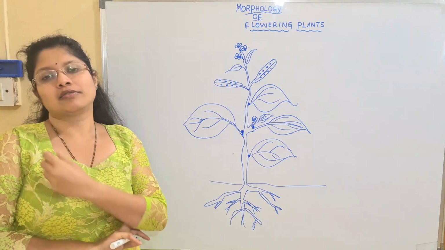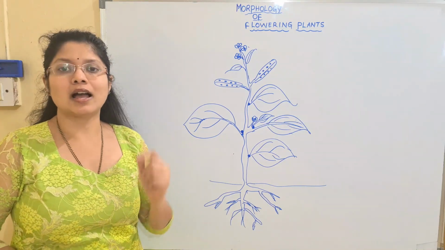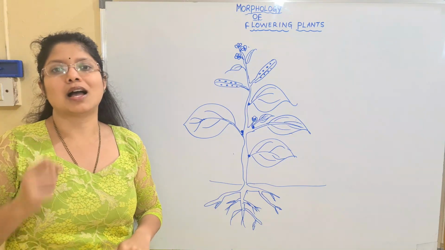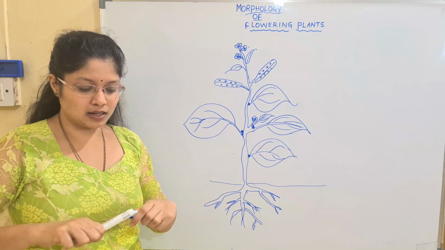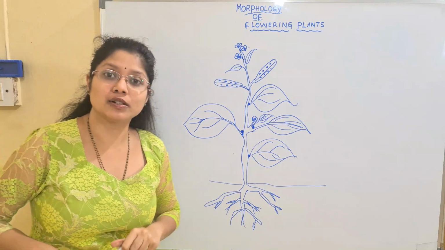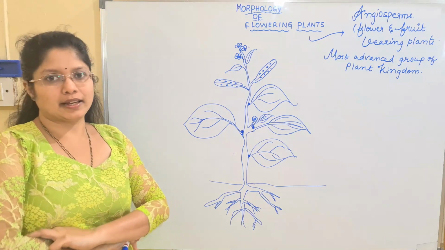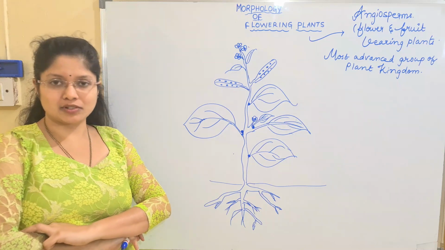So in total, if we consider what an angiospermic plant is, the flower and fruit bearing plants are said to be the angiosperms. Here the flowering plants come under which group, children? Angiosperms. So these angiosperms again, well, we will first consider the classification.